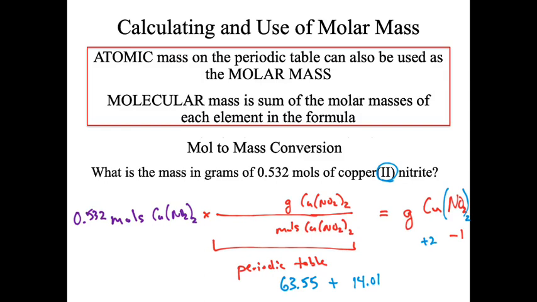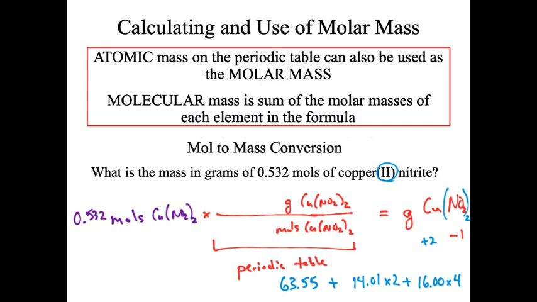So I would do 14.01 times 2 plus 16 for our oxygen. If we wanted to get really nitpicky with sig figs, we could say 16.00, times 4. There's 2 in nitrite. We have 2 nitrites.